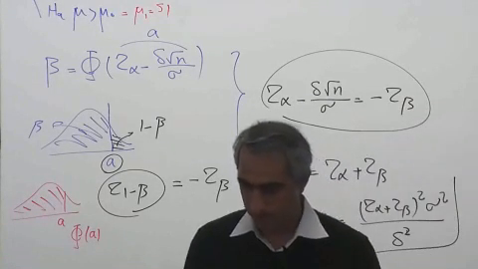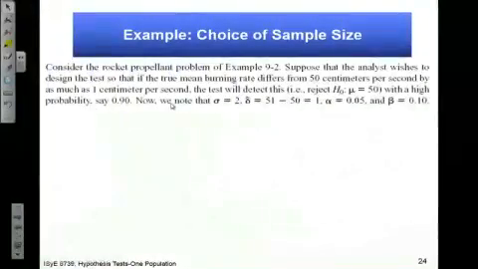Okay, one example. The example we had before, example 9.2, for mu equal to 50. If your sigma is 2, delta is given, and alpha is given, we want to detect the change with probability of 90%.